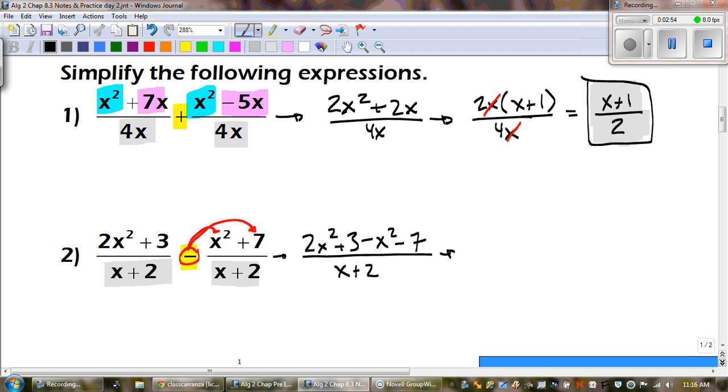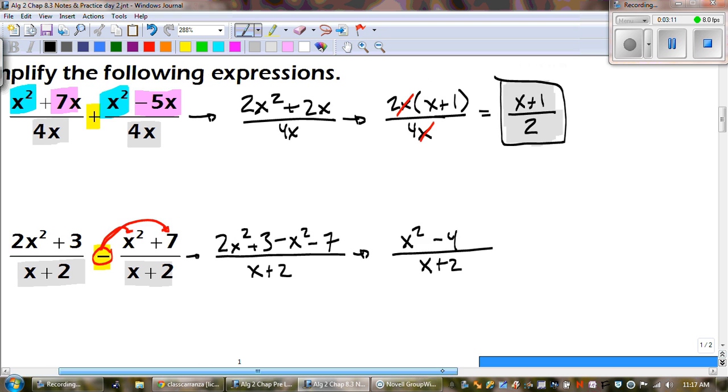Okay, so let's combine like terms. The denominator stays the same. 2x squared minus x squared is x squared, and 3 minus 7 is -4. Can I simplify anything? Yeah, the top, that's the difference of 2 squares, x plus 2, x minus 2.